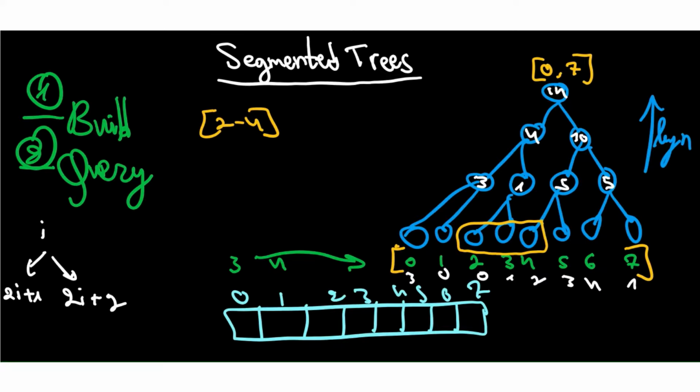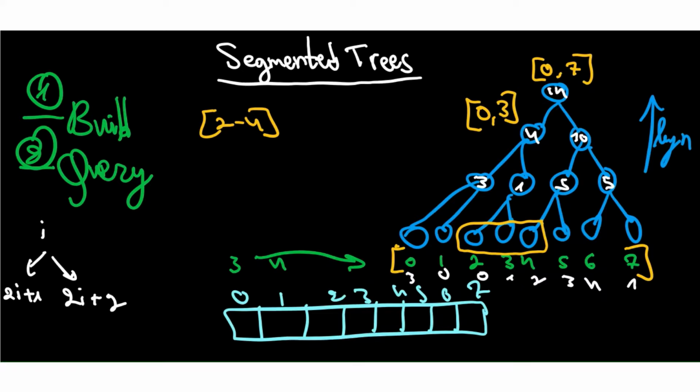But what if someone asks you about 2 to 4? Okay, so you say, 2 to 4. So I look here, I know that I'm 0 to 7. What would be the left tree? The left tree, I know this. It's going to be half of this range. It's going to be 0 to 3. I know this.